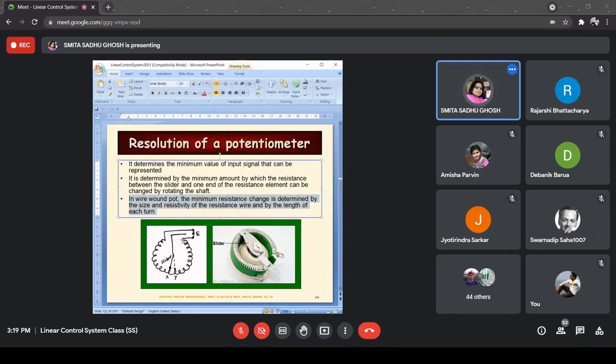Those are some of the factors which would be determining how small or how big your resolution is.